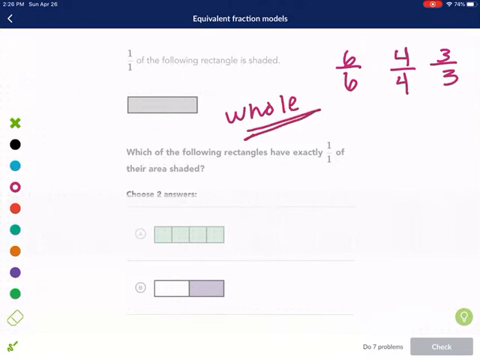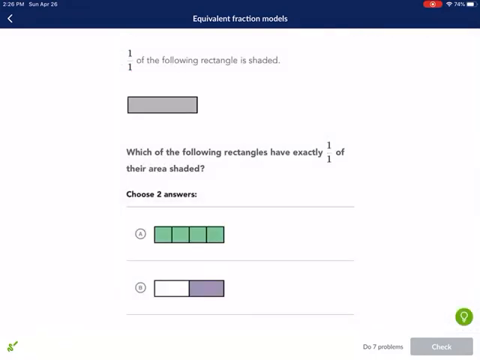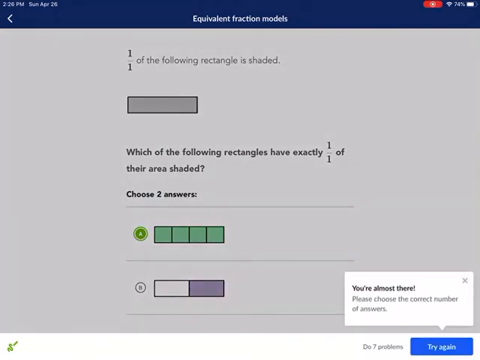The whole is shaded, or you could even just say 1, right? Because if the whole thing is shaded, there's just one shaded. But anytime the numbers are like this, that means all the pieces are colored in. So I'm going to look at my answer choices, and I'm going to see, okay, which one has all the pieces colored in? I'm going to go with A.